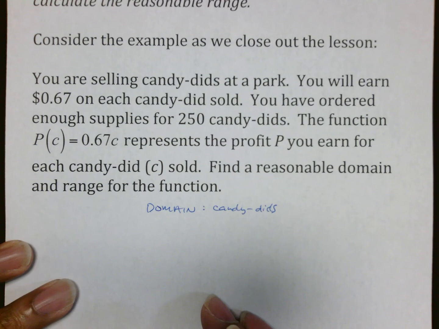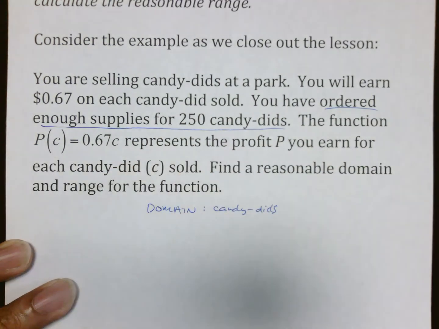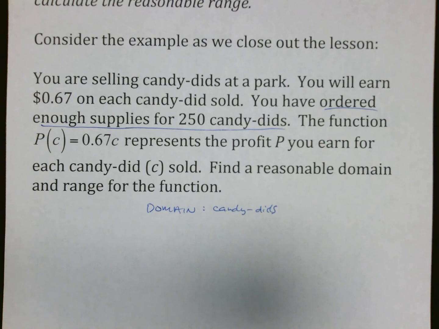And if you look at it, it says that we ordered enough supplies for 250 of them, which means that we should have a high point off of that, which means you can't sell more than 250 of these. Here's the other question. What's the lowest amount I can sell? Well, I obviously can't sell negative anything, but the lowest amount I could sell if they were just terrible or people didn't want to buy anything is 0.